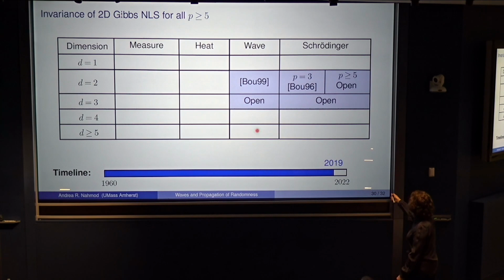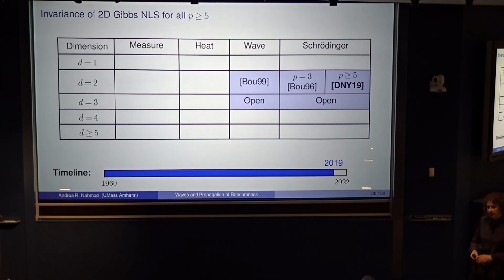So for any power, we are able to prove and solve this problem that was open in 2019, by taking just the first term after the linear evolution, just separating one more term. We were able to prove that it works for all n. The same type of ideas, together with ideas from stochastic PDE and the fact that we knew from the work of Herr that the Gibbs measure was invariant under the heat flow, plus multilinear dispersive estimates and so on, allowed us also to solve this problem.